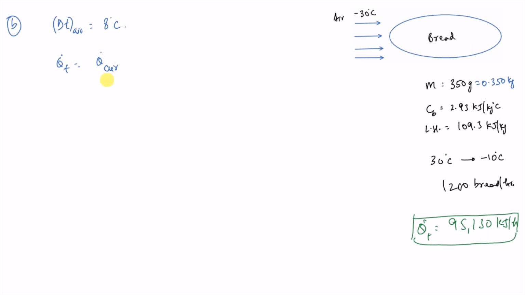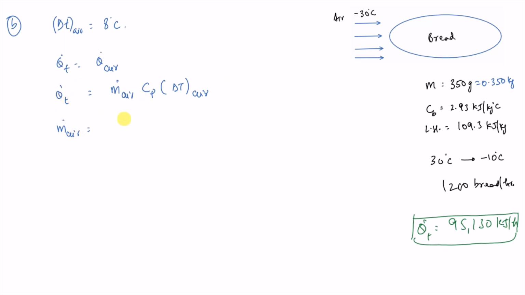Basically here we have to calculate the volume flow rate of air, but before calculating the volume flow rate of air, we have to calculate the mass flow rate of air. So Q dot of T we have already obtained, and this Q dot of air will be equal to mass flow rate of air times the specific heat of air times delta T of air, and this is Q dot of T. From here, the mass flow rate of air will be equal to Q dot of T divided by this term.